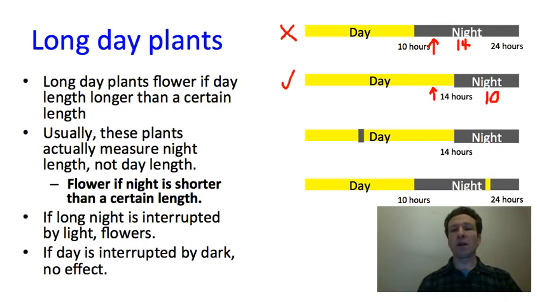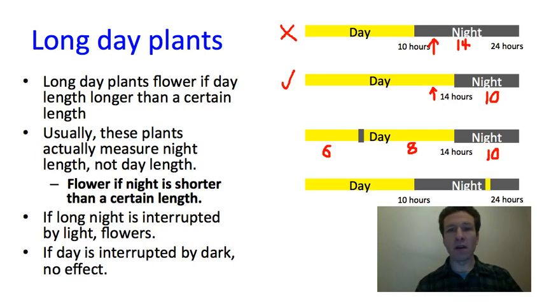Now let's do experiments where we break up the day by putting the plant under a box, let's say, for about 15 minutes during midday. This plant then is going to experience something like 6 hours of light, a short period of dark, and then another 8 hours of light. It turns out that this doesn't change anything. It is still getting this 10-hour period of continuous dark right here.